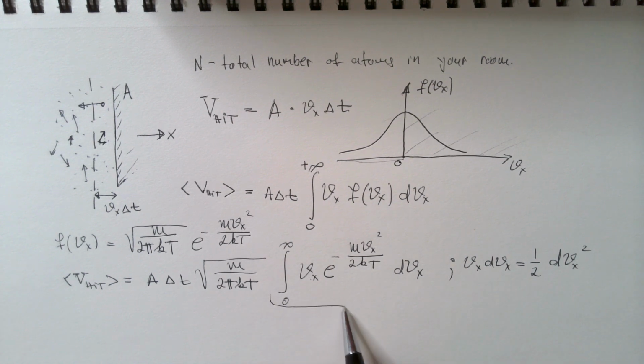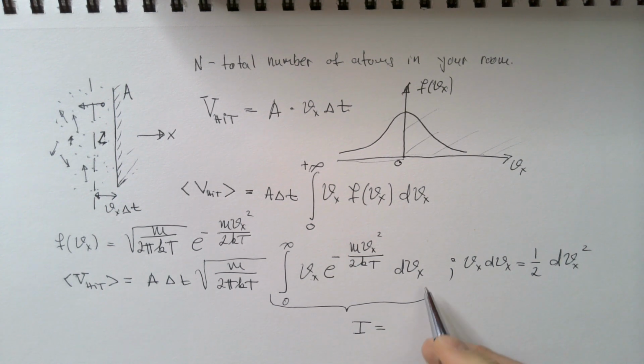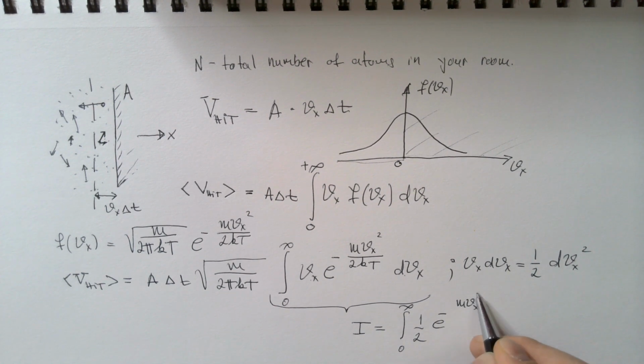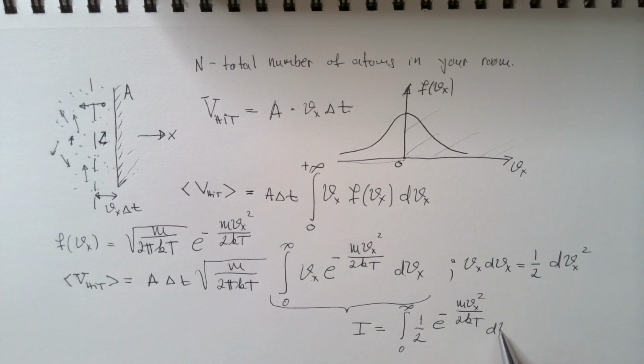This means that this integral, if I call it I, will become the integral between 0 and infinity of 1 over 2 e to the negative m Vx squared divided by 2kT, dVx squared.